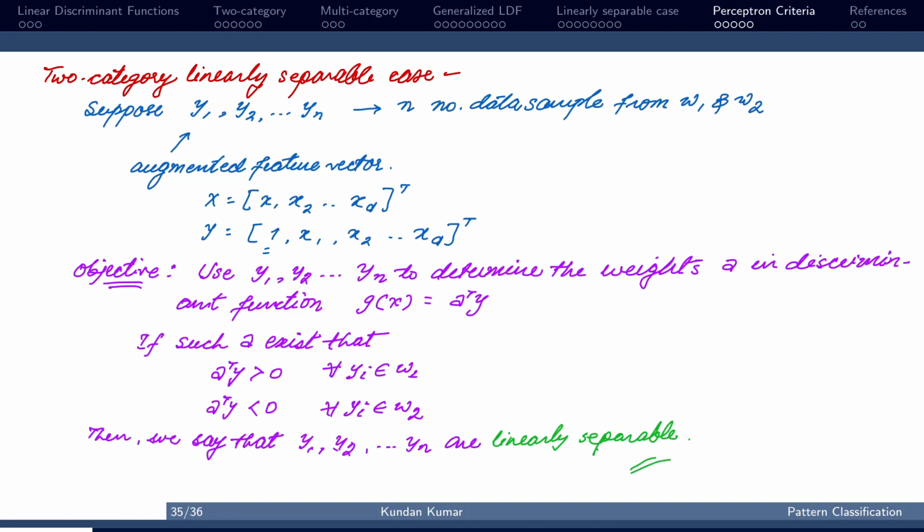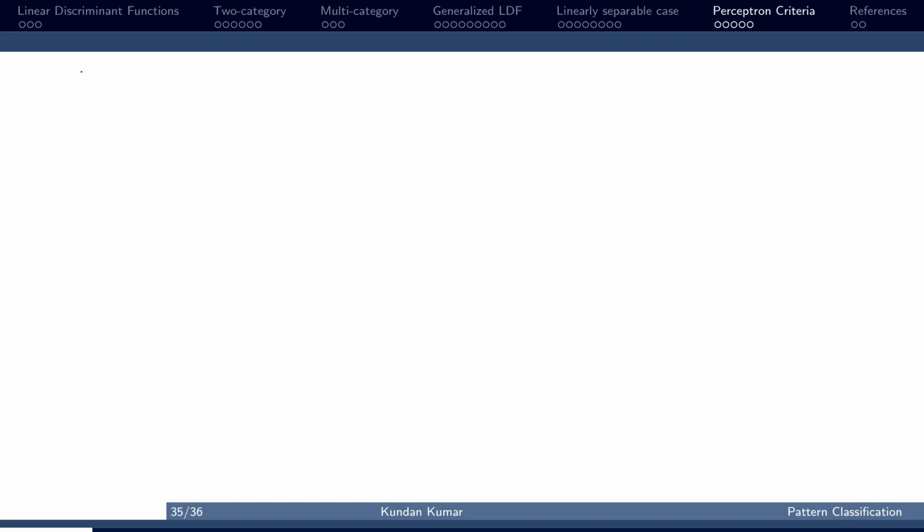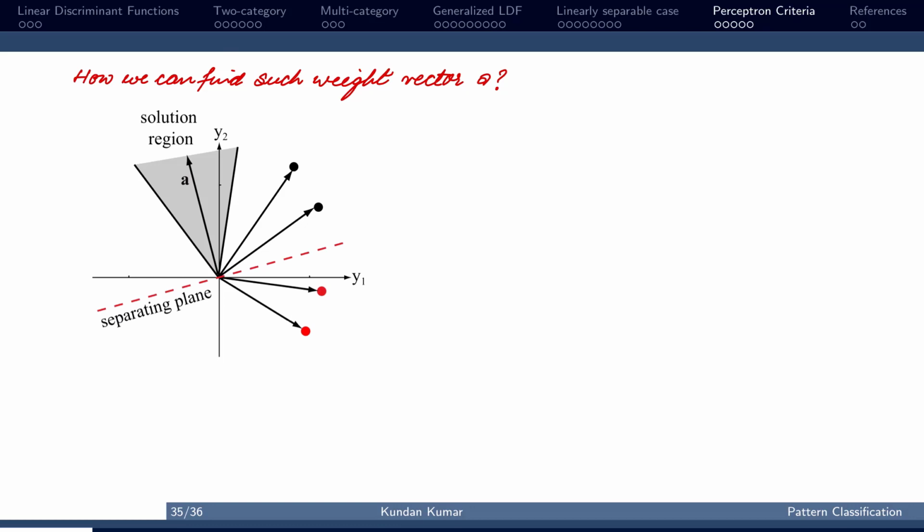So the question comes, how can we find such a weight vector A? Let us try to understand this in the feature space.